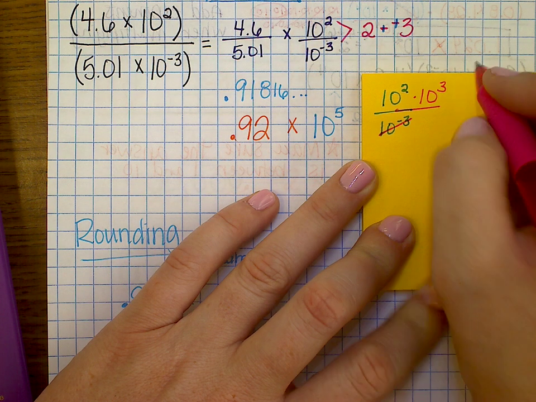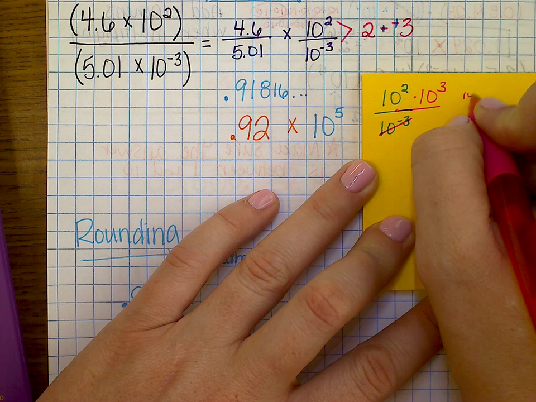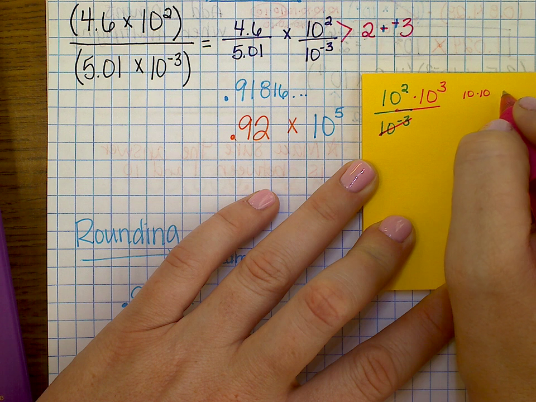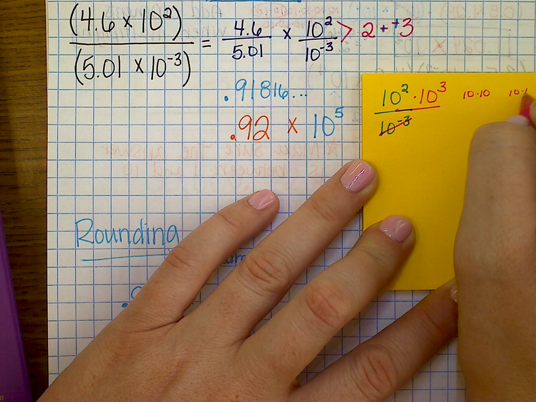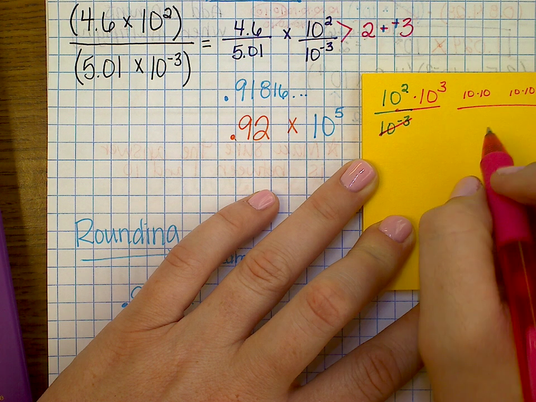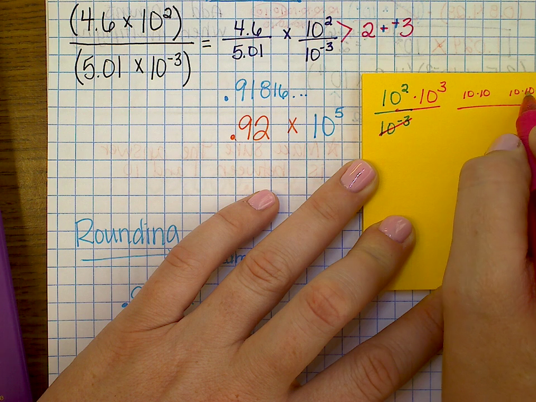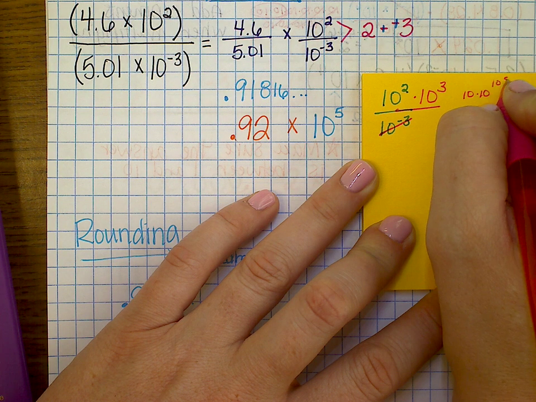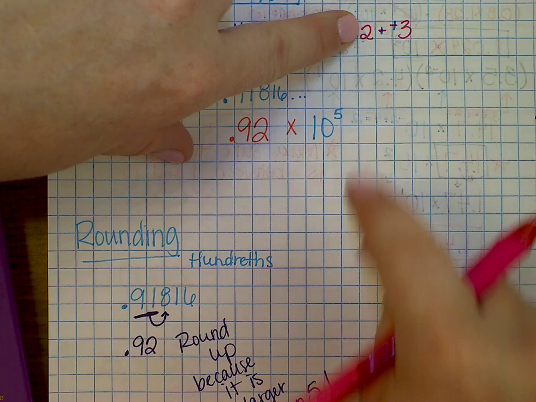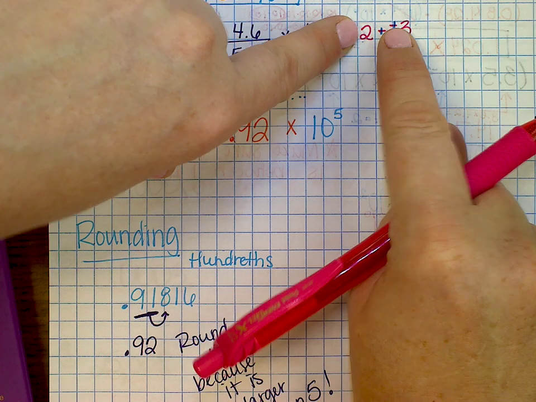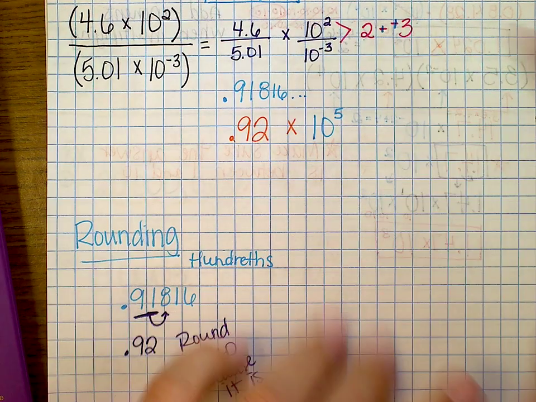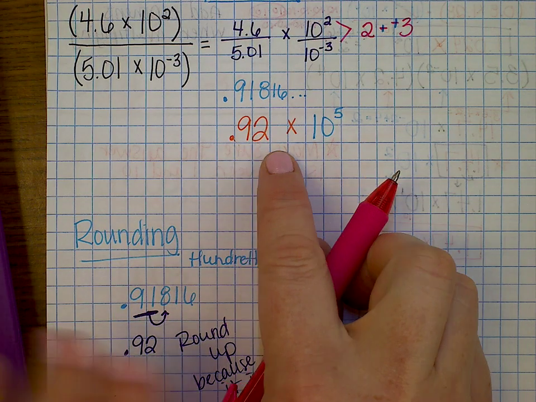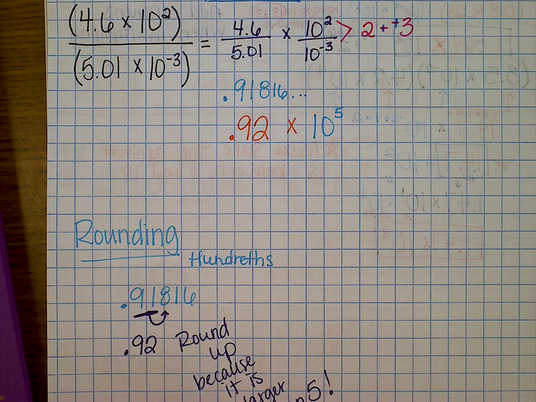If I wrote all of those out, it would be 10 times 10, and then 10, 10, 10. So if you look, I actually have 1, 2, 3, 4, 5 on top, which is what we did when we said 2 minus negative 3, or opposite of a negative, is positive. So it'd be 0.92 times 10 to the 5th.